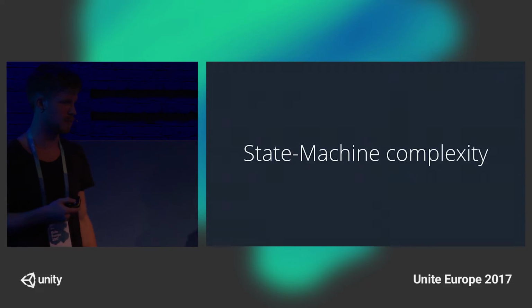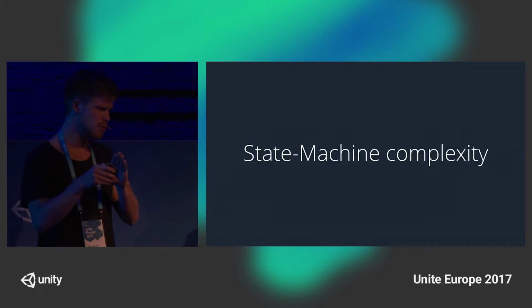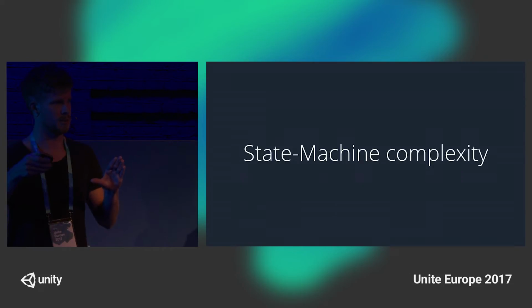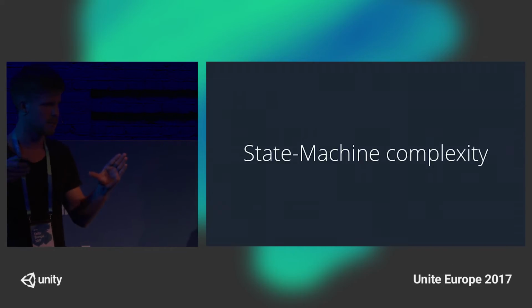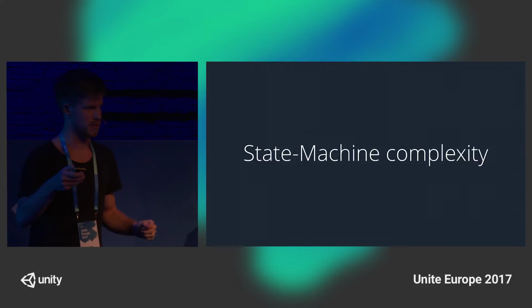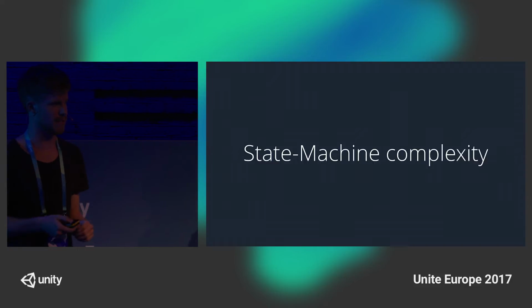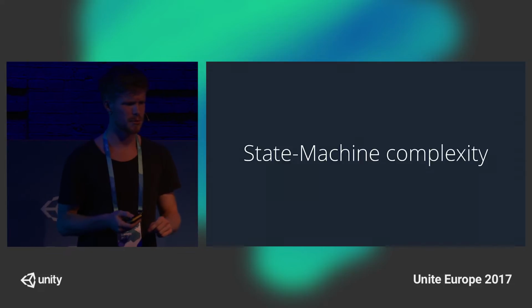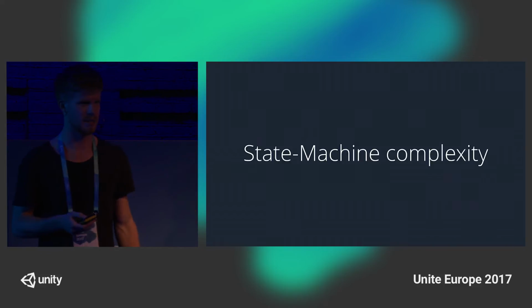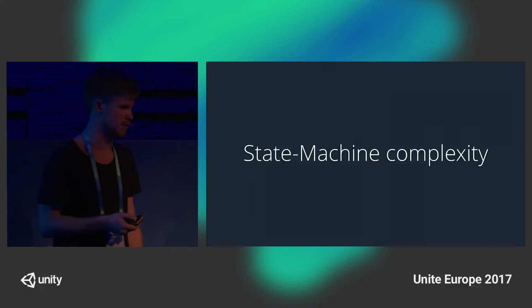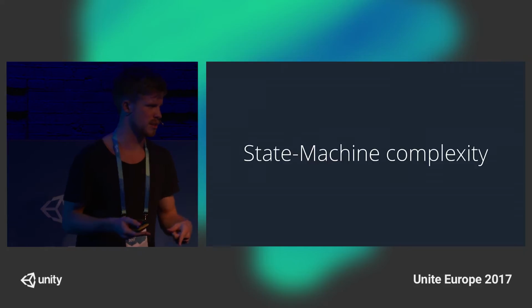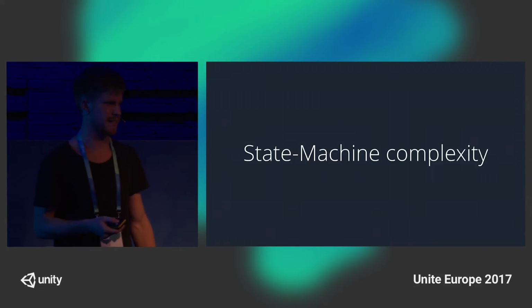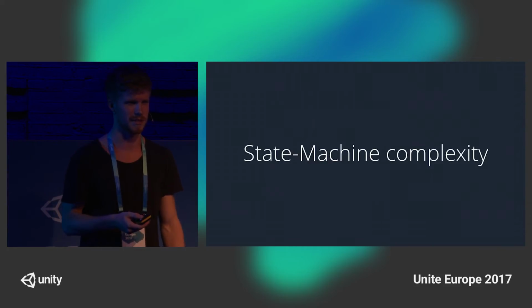The artists love it, right? The problem is once you add a lot of animations, once it gets bigger, the state machine gets more complex. At some point, it gets so complex that it gets a bit out of hand, and it's tough to manage. And actually, I think it was last year, the engineer of Firewatch, maybe that was also here, said exactly the same, right? That they had quite complex state machines.